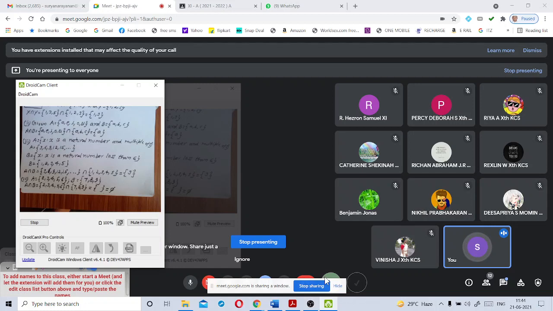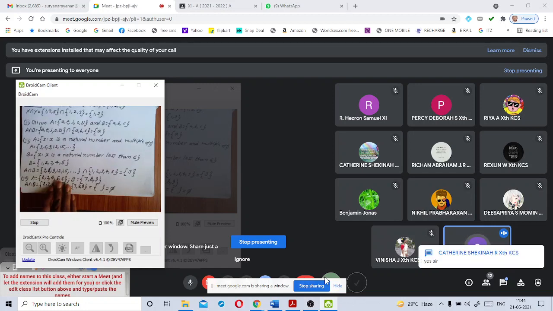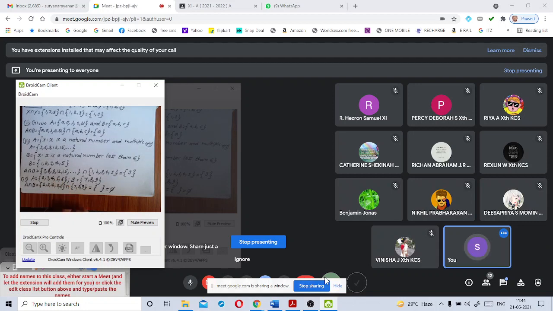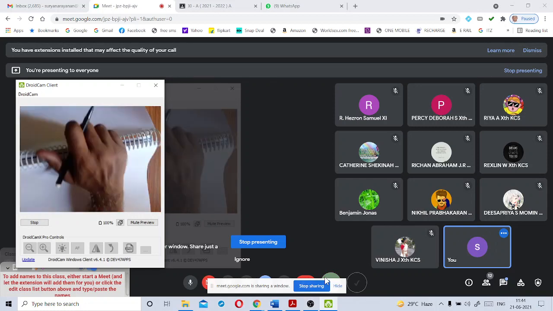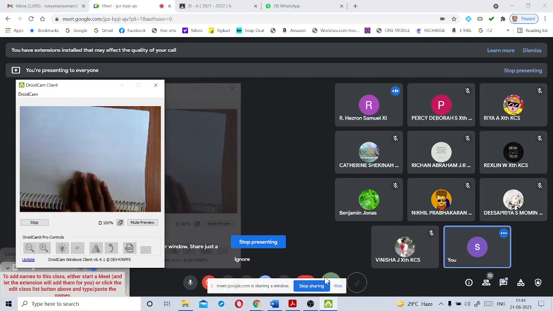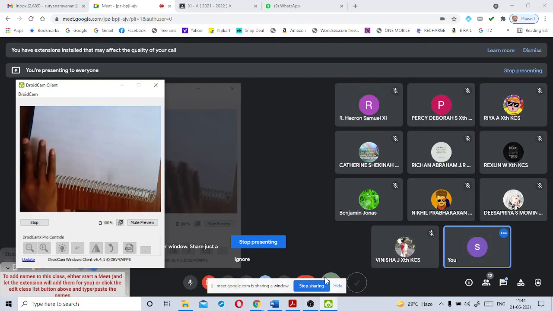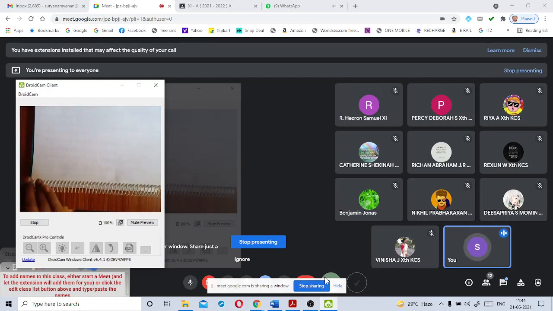Now will you do question number 6? It is the same as this question, finding the intersection of sets, based on the concept of intersection.